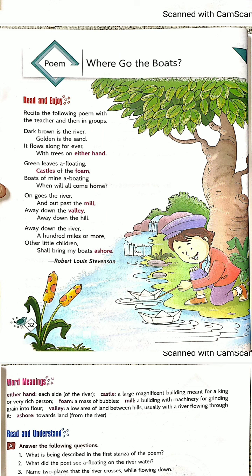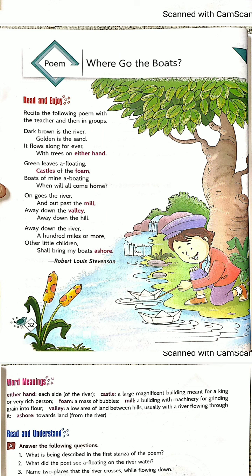Then in the second stanza, the poet says that the leaves of trees are flowing on river water, and foams created by the river look like a castle.